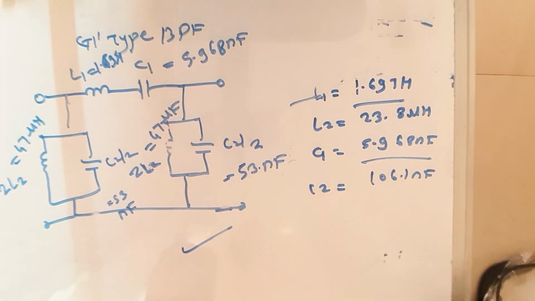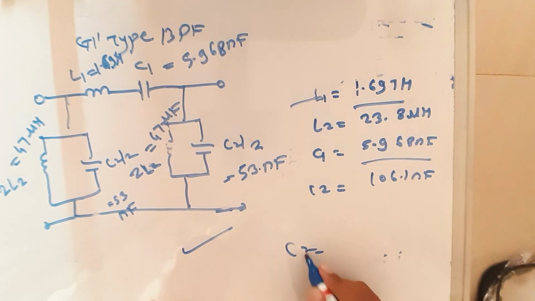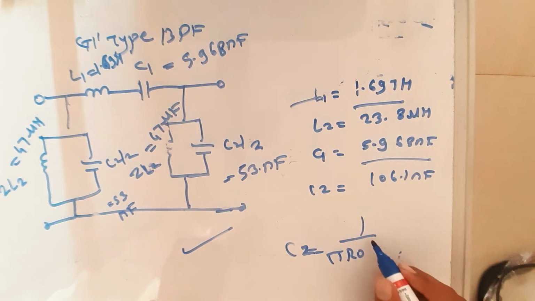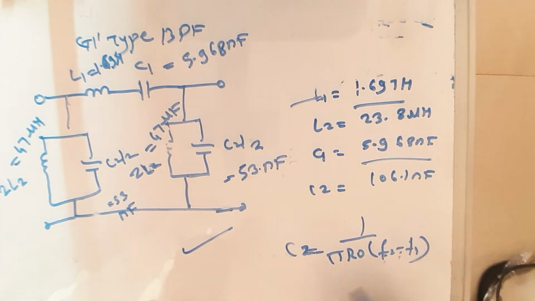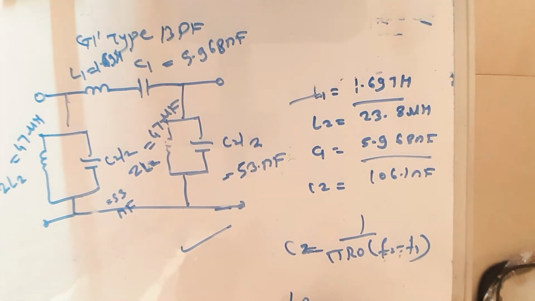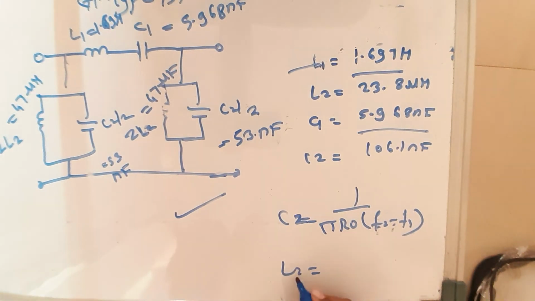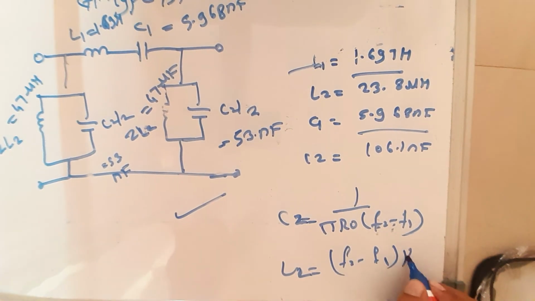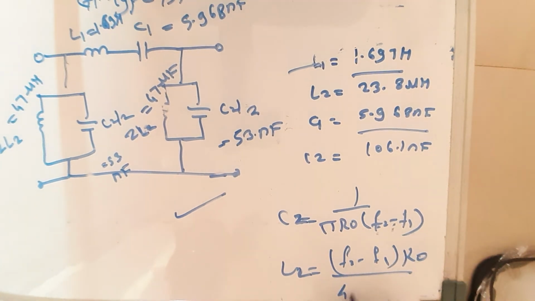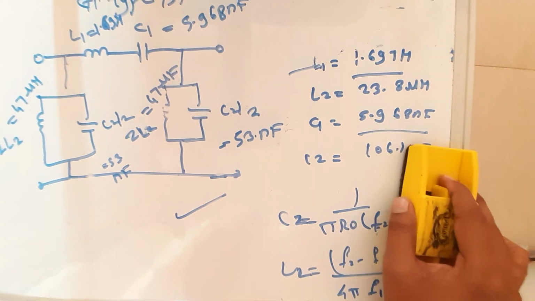Similarly, C2 equal to, this is just a revised one, 1 upon pi R0 (F2 minus F1), and L2 equal to (F2 minus F1) into R0 divided by 4 pi F1 F2. Okay, these are the formula for L1, L2, C1, C2.